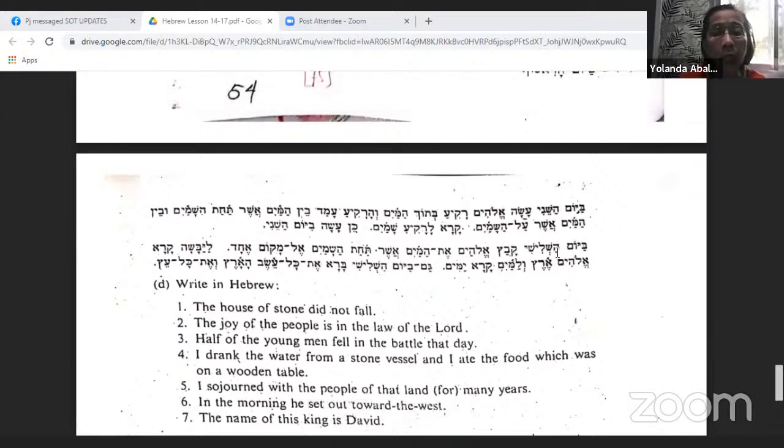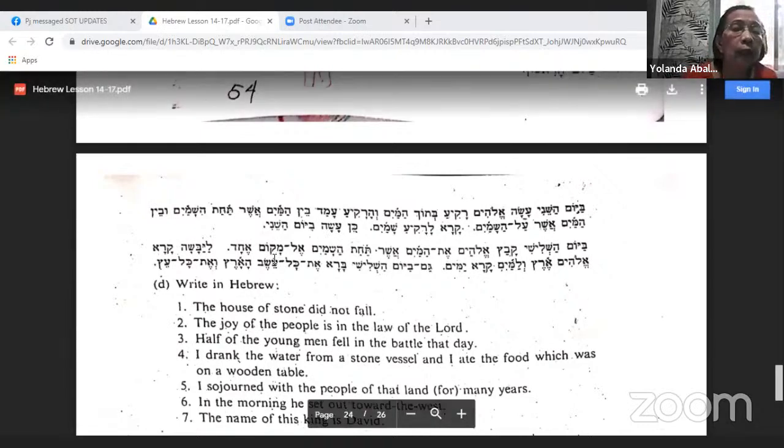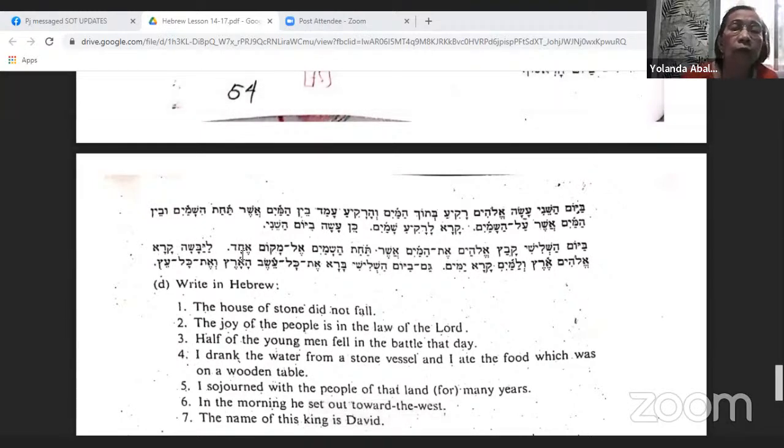Bayom Hashlishi, in the day the third. Kabats, gathered Elohim, God, at Hamayim, the waters, asher, which is takat under Hashamayim, the heavens, el to makom, place, echad, the first.